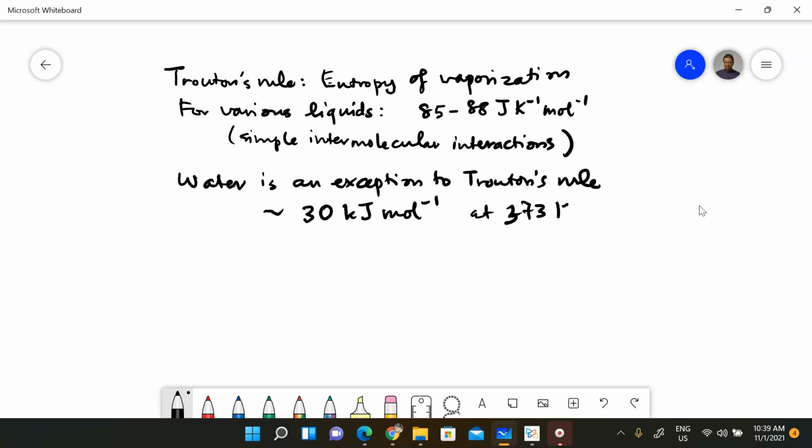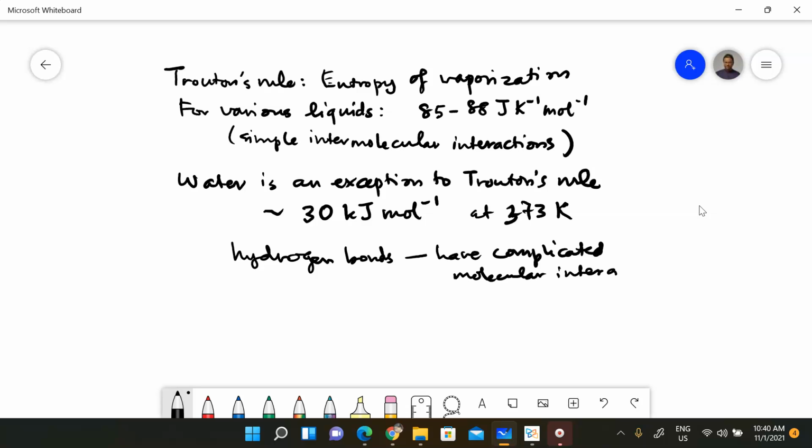Yeah, this will be the vaporization. So you can calculate, but the value over here is in kilojoules compared to joules over here. So why is this happening? Because water is made up of hydrogen bonds, and these hydrogen bonds have complicated molecular interactions.